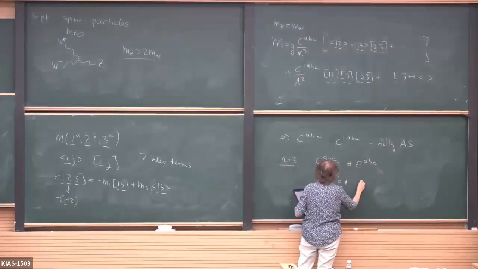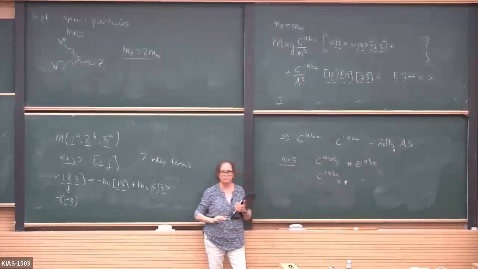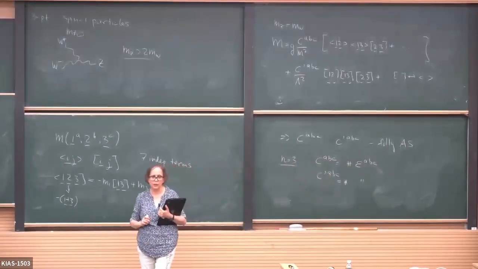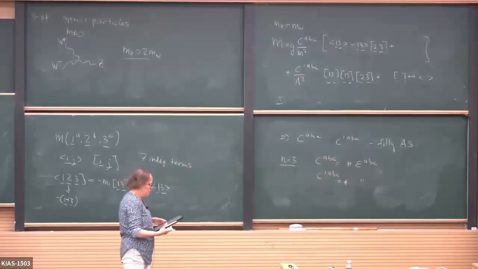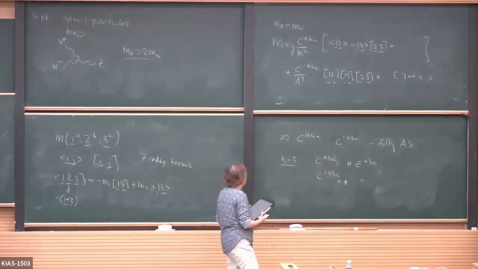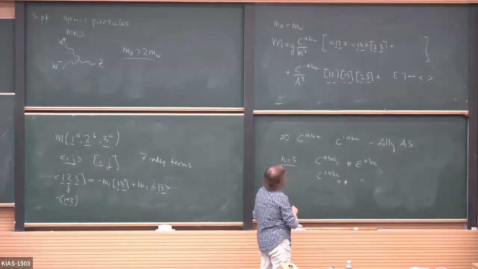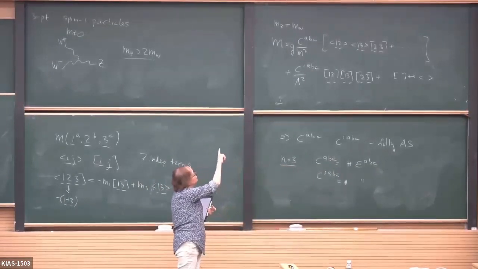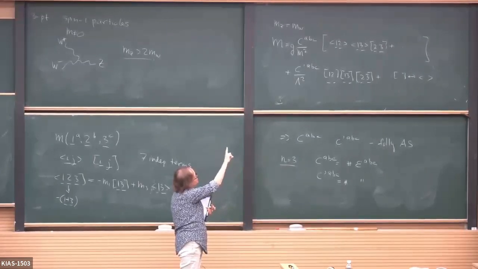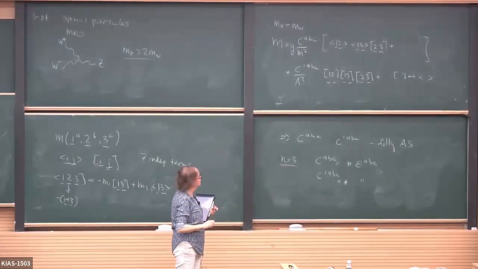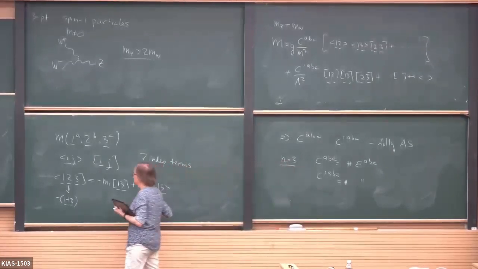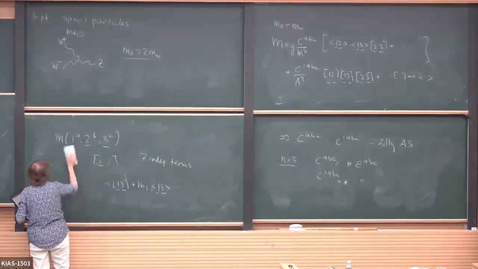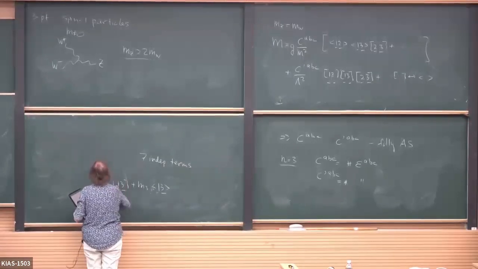So both of these are proportional to the SU2 structure constants. Now, I chose a very particular normalization with 1 over m squared on top and 1 over lambda squared in the bottom. And the reason I did that is based on the high energy behavior of the amplitude.